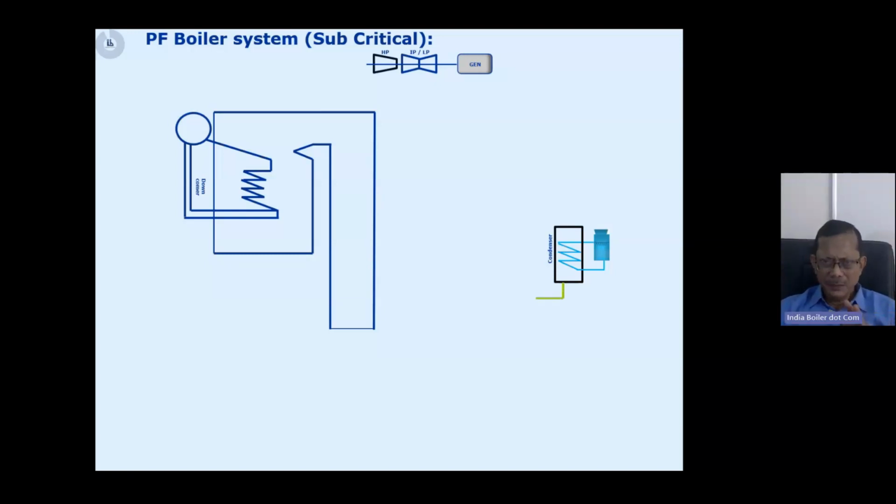From there, the condensate extraction pump extracts the condensate and takes it up to the deaerator. Now, in a high pressure power plant boiler system, anything in excess of 250 megawatt, the deaerator is a high pressure deaerator.